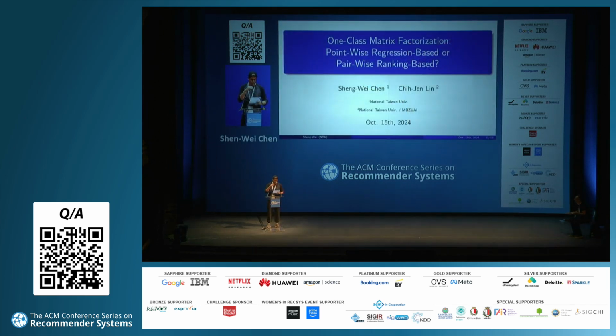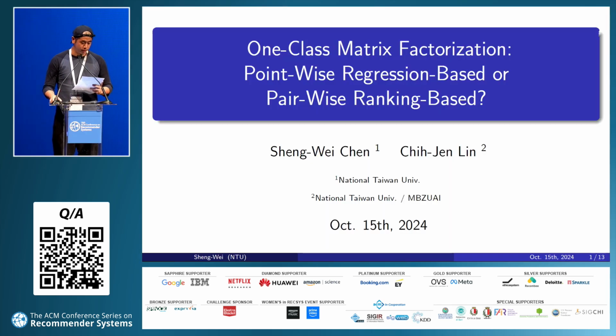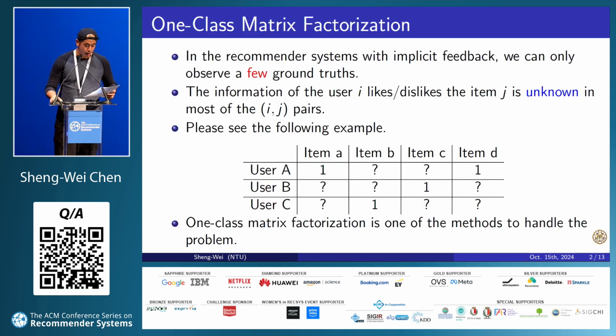Okay, hello everyone. My name is Sheng-Wei Chen, and I'm from National Taiwan University. I'm the first author of our work, one-class matrix factorization, point-wise regression-based or pairwise ranking-based. Let us discuss one-class matrix factorization first.